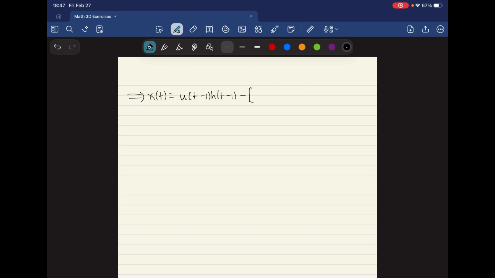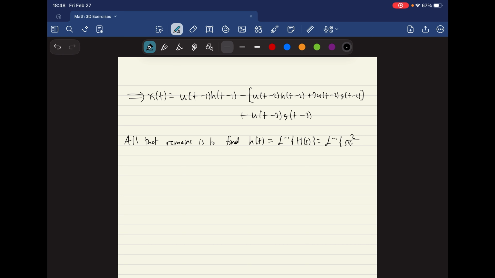Okay, but all of this is futile if we don't know what little h is, and little g. And as a reminder, h of t is the inverse Laplace transform of h of s, which in turn was the inverse Laplace transform of 2 over s cubed (s squared plus 1).